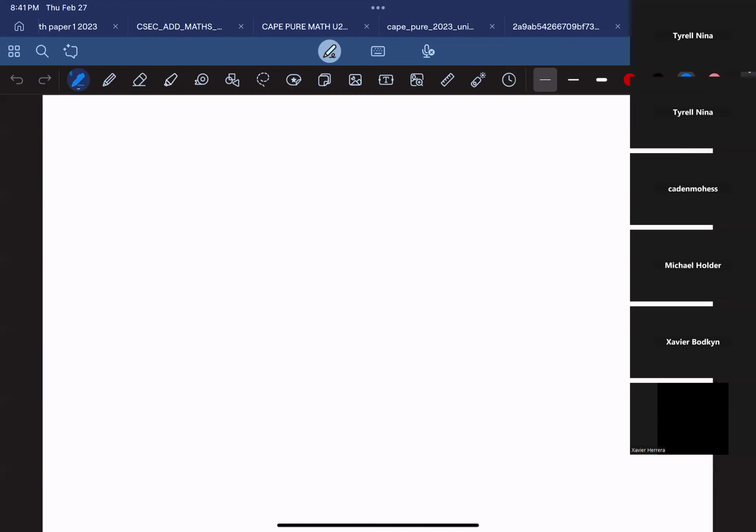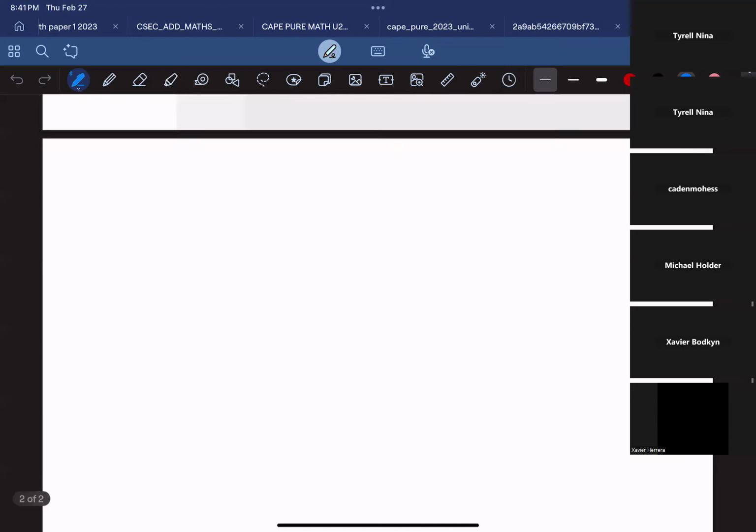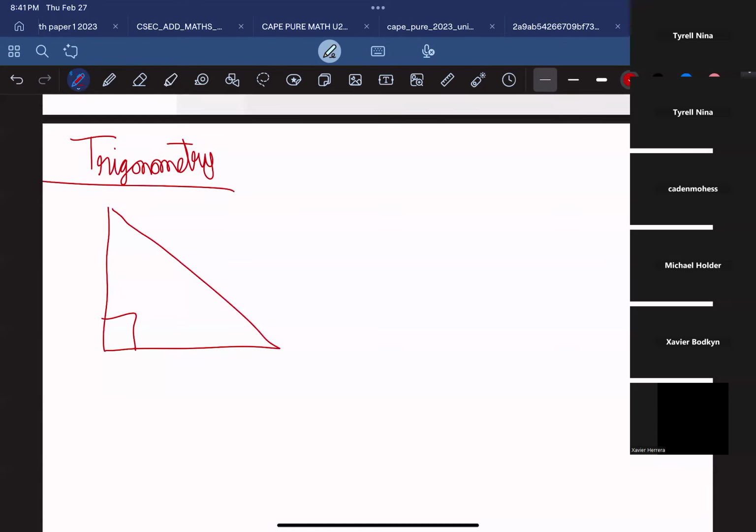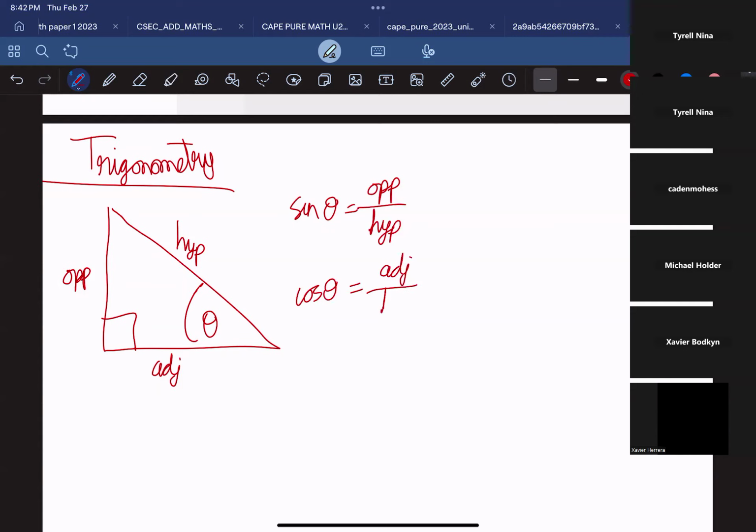All right. So we started with trigs. Our basic things here: we have a right angle triangle like this. This is theta. This is my hypotenuse. This is my opposite. This is my adjacent. Sine theta is opposite over hypotenuse. Cos theta is adjacent over hypotenuse.